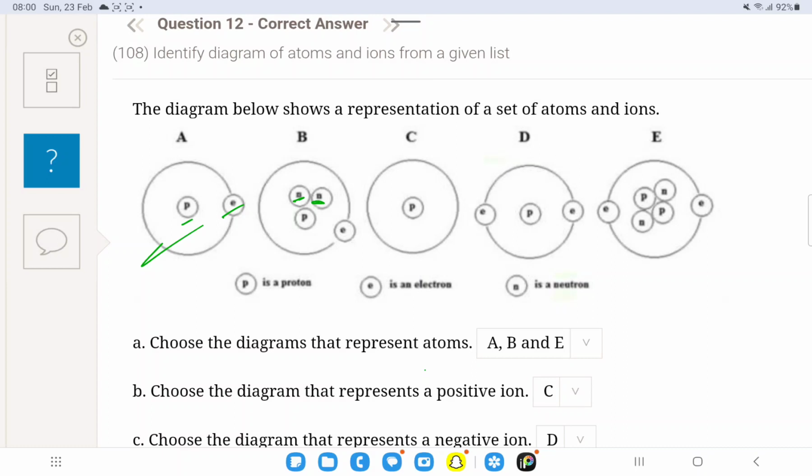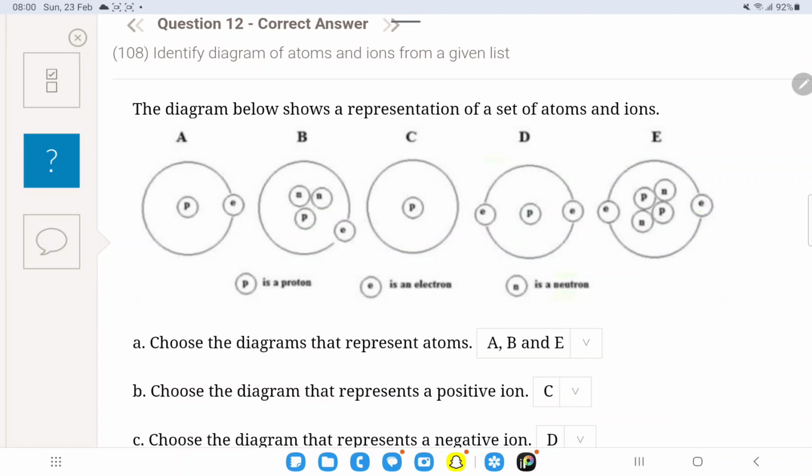Isotopes can be atoms, but the important thing is that the number of protons and electrons have to be equal, so the charges cancel. So basically a neutral one. One proton, one electron, they cancel, correct. One proton but no electrons, it's wrong. One proton and two electrons, still wrong. Two protons and two electrons, so correct. So the diagrams that represent atoms are A, B and E.